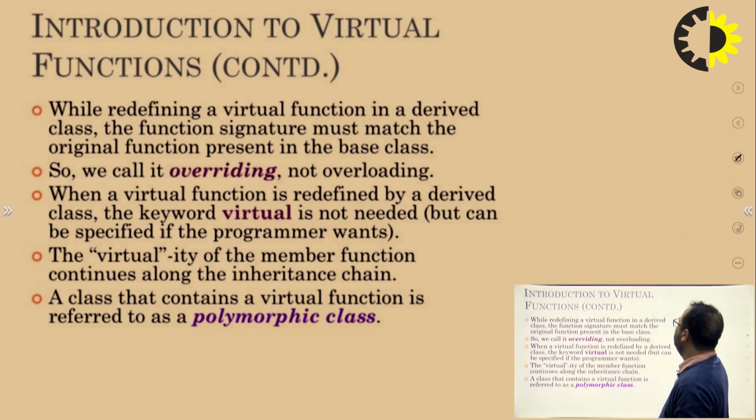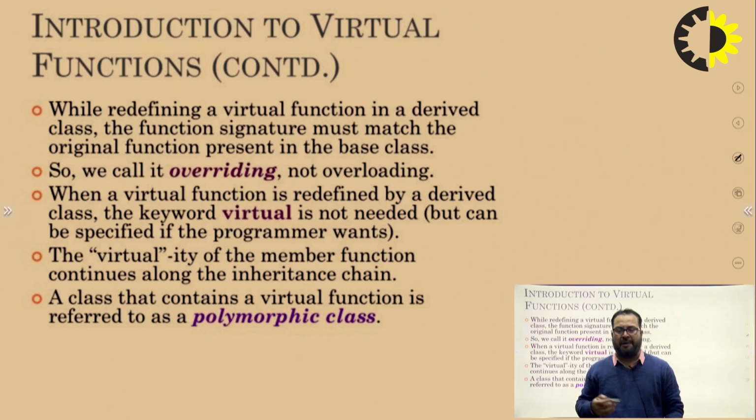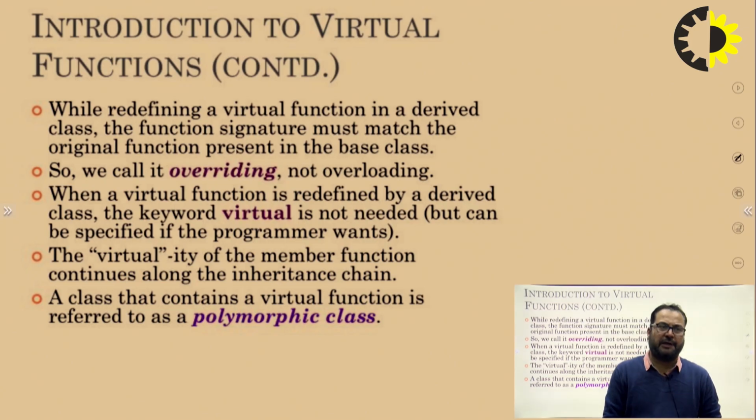While defining a virtual function in a derived class, the function signature must match the original function present in the base class. So we call it overriding, not overloading. In overloading, we just find the match: there may be differences in the number of arguments or type of arguments, and depending on the match, a particular function is invoked.